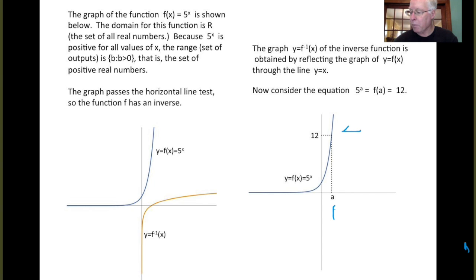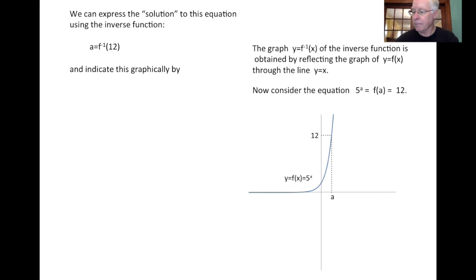We could also think about working that example backwards: start from 12 and then trace backwards to get a. We can also express the solution to this equation using the inverse function. We can write a equals f inverse of 12. The inverse function takes the output 12 and gives us the input a back.